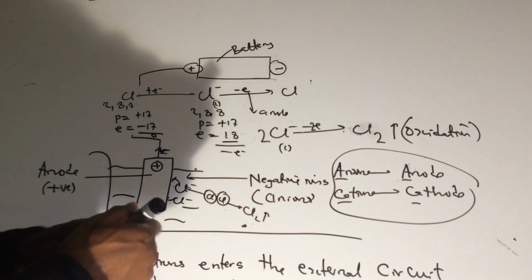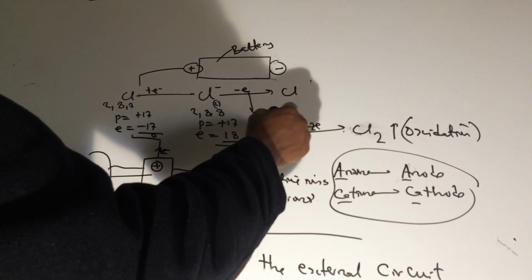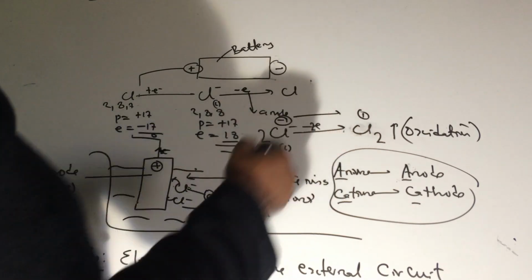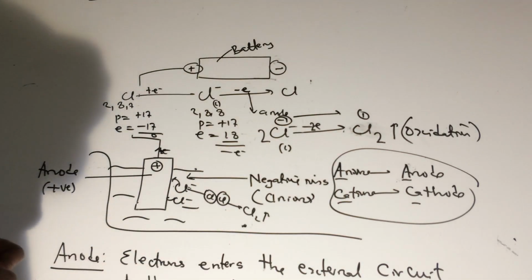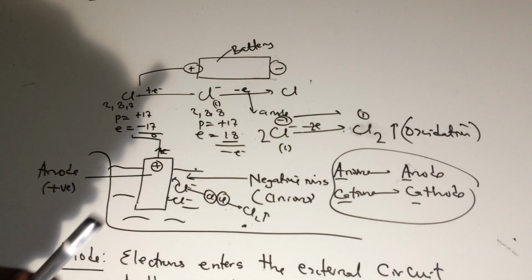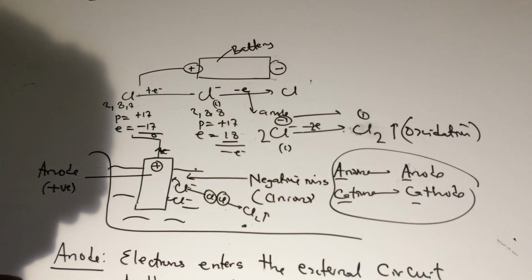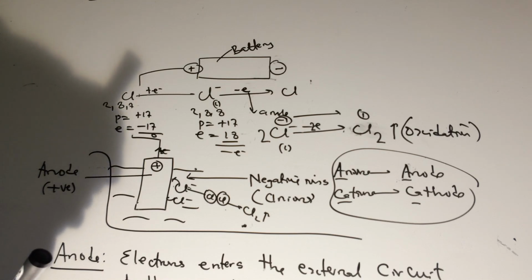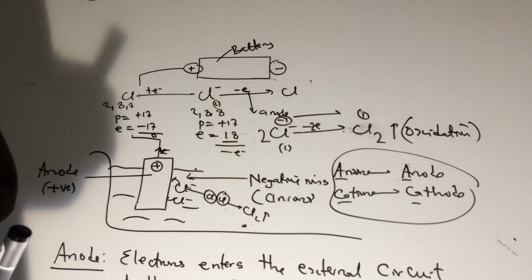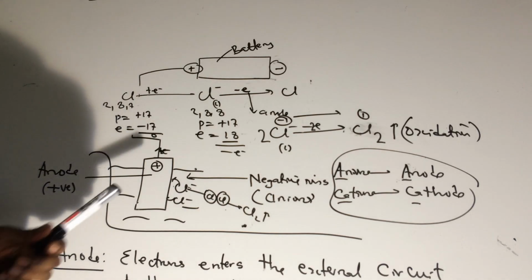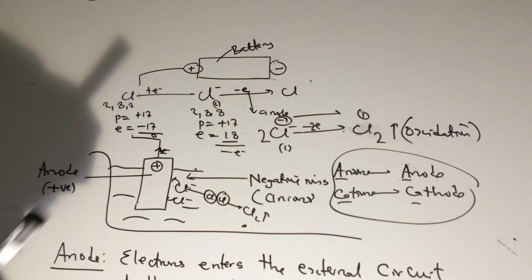So from -1 to 0 is an increase. You can define oxidation in so many ways, but with reference to this, oxidation is electron loss or an increase in oxidation number. So oxidation takes place always at the anode.